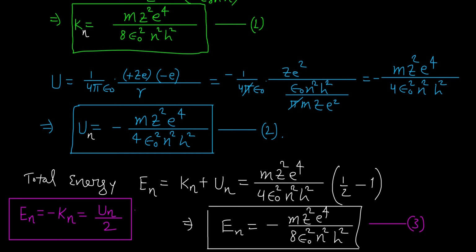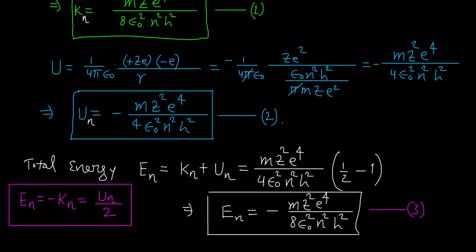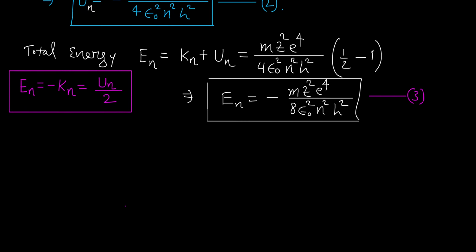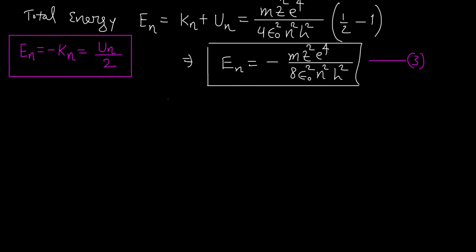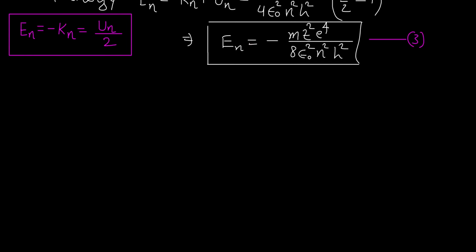If we know any one of these three values, En, Kn or Un, we can find the other two. This is a very important thing to remember. Let's move further. Here we can simplify and write the total energy in another form. We have En equal to minus mZ² e⁴ divided by 8 ε₀² n² h².